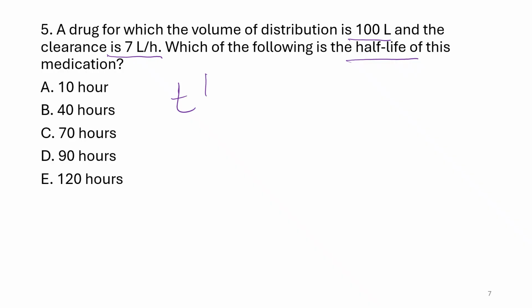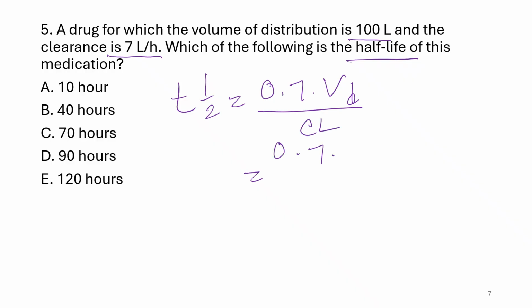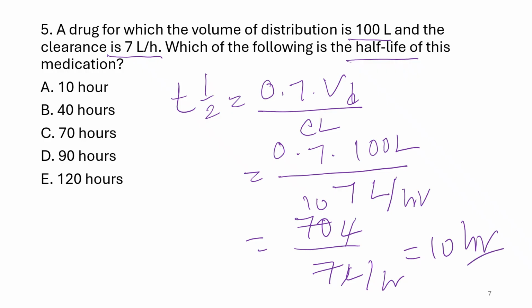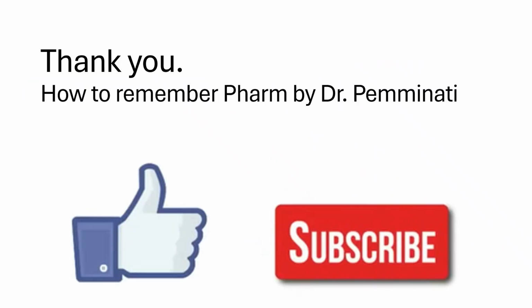We know the half-life equation is 0.7 times Vd over clearance. 0.7 times 100 liters is 70 liters, over 7 liters per hour. 70 over 7 is 10, the liters go away, so that's 10 hours. The correct answer is 10 hours. Got it? I hope you remember. Thank you very much. See you in the next video.